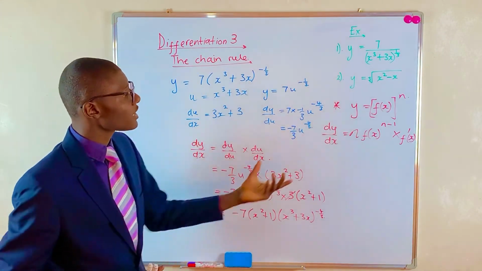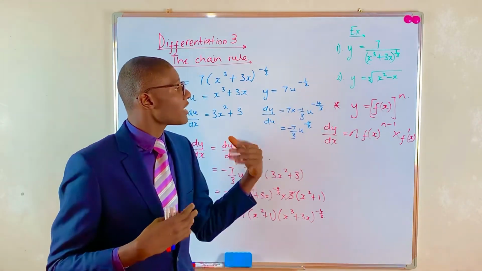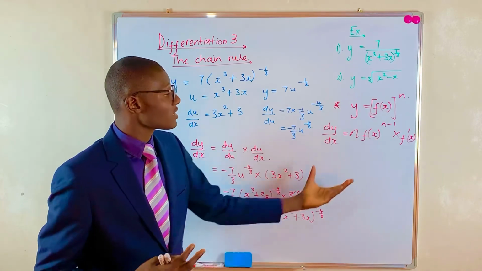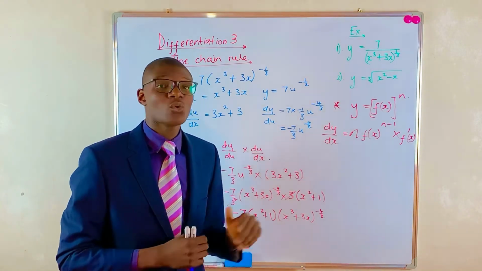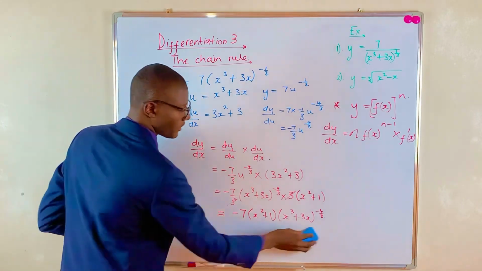Now I'd like to look at the second example, whereby we are now going to find the expression for dy/dx using the shorter way, or just differentiating directly. So allow me to erase this.